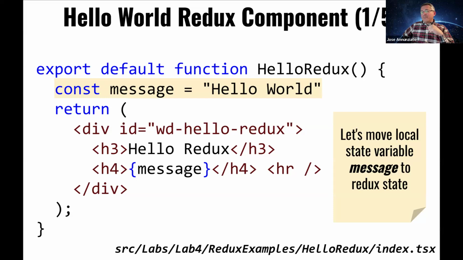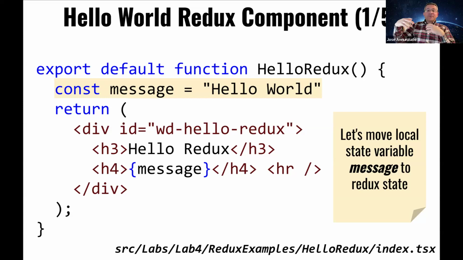Now, if we want this to change over time, we might use useState and initialize a state variable of message with a useState of a string with a value of hello world, and then you would have message and setMessage, if you want to be able to manipulate this, and maybe have here an input field where you can change the value of the message. Yes, but we don't want to do that.